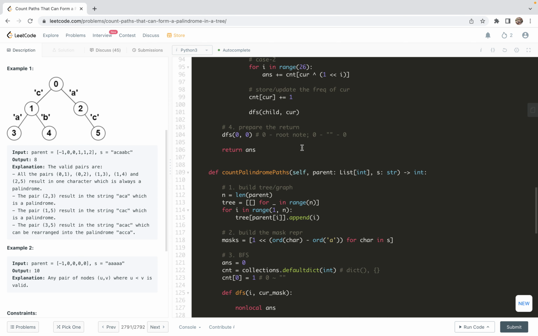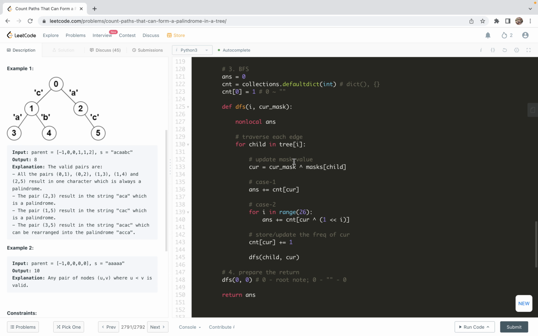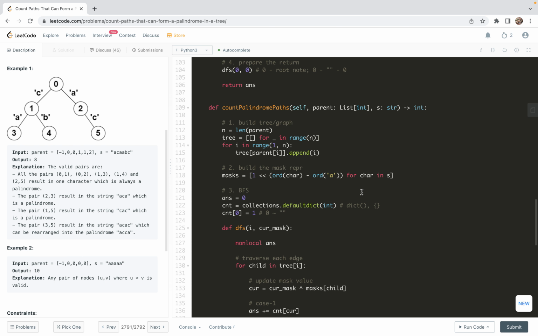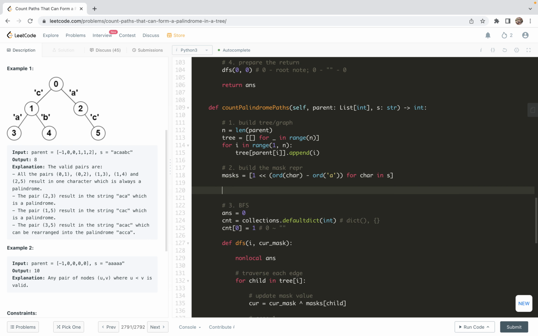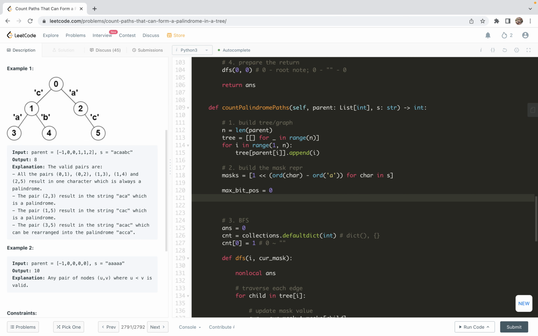In this version, I just want to use the positions of the letters that appeared. In other words, I don't need to consider 26, right? For this, we can do something like this. We want to see the largest bit position, so max bit position. Originally let's set it to 0, just one letter.